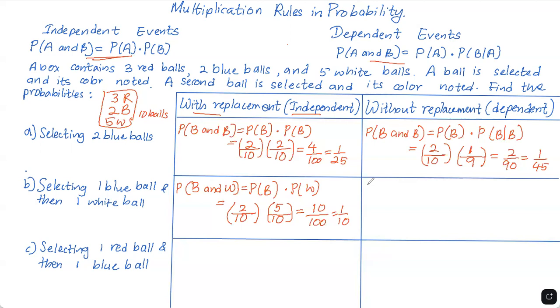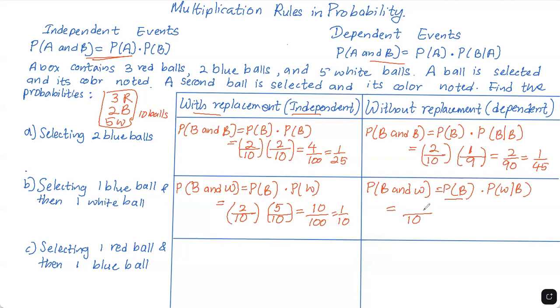Now without replacement. So let's calculate part B, the probability of blue and white, which equals the probability of blue and then the probability of white given the first ball is blue.